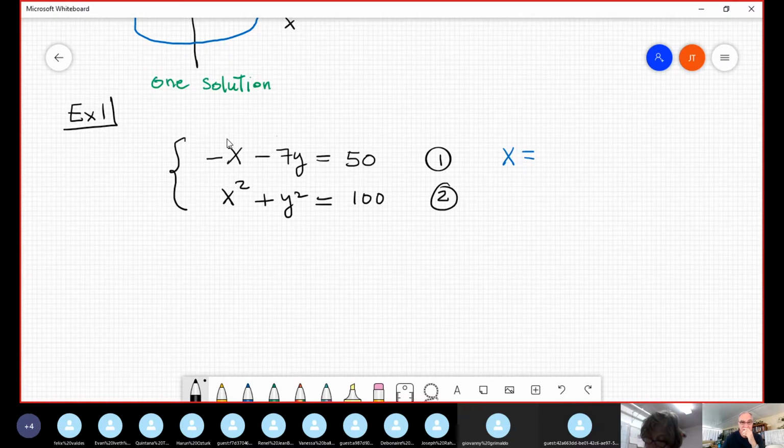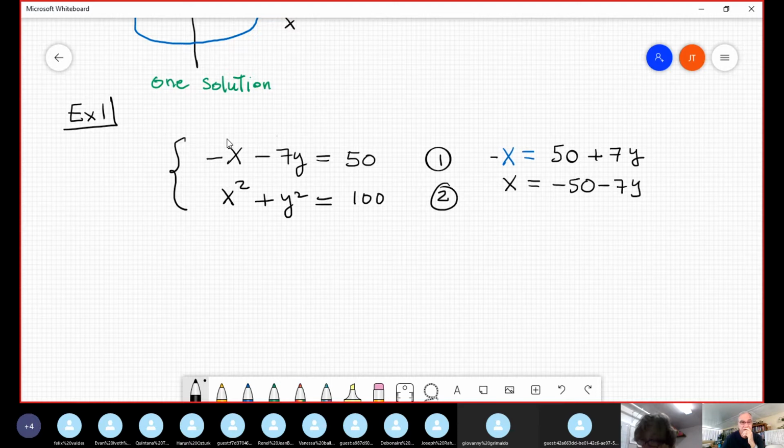Okay, you solve for x. I move the 50, and I move the 7y to the other side. You change the sign because I want to isolate x, not negative x. So x is minus 50 minus 7y.